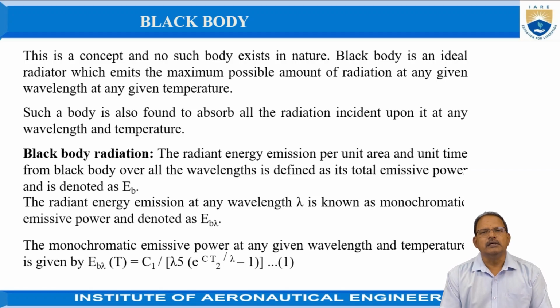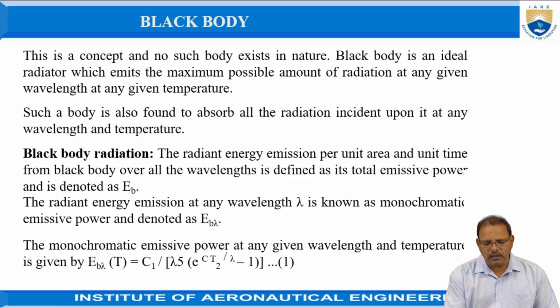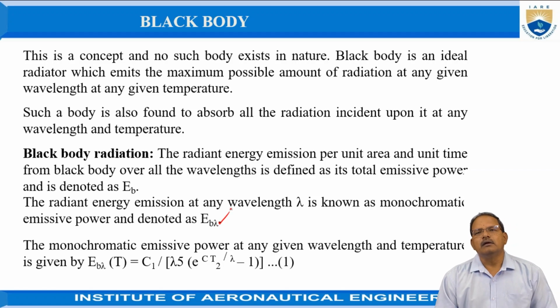The radiant energy emission at a given wavelength, lambda, is known as the monochromatic emissive power, and it is represented by E_B lambda.